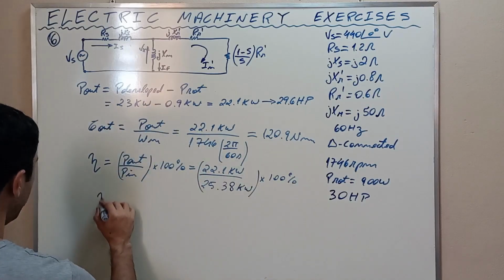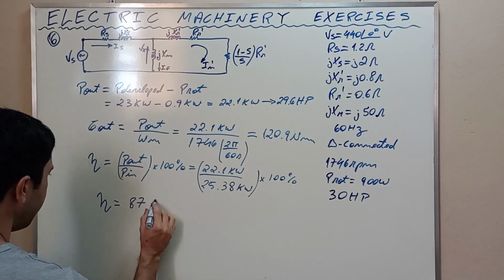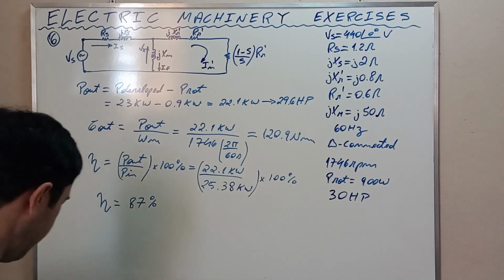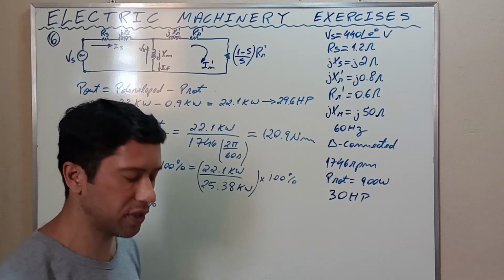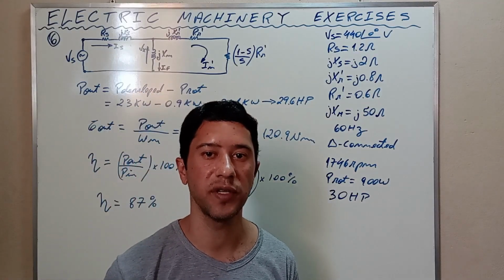Finally we find that the efficiency of this machine is 87%. My friends, this is all for exercise number 6. Let's go to exercise number 7.